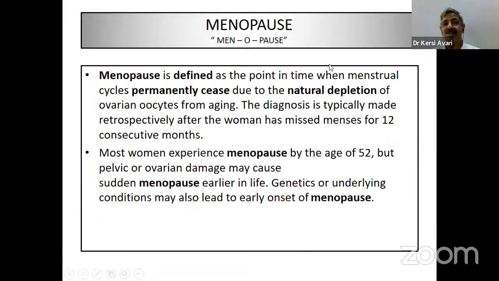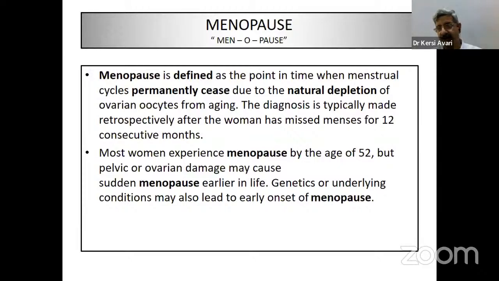Now, menopause is defined as a time when the menstrual cycles permanently cease due to the natural deprivation of the ovarian oocytes from aging. The diagnosis is typically made after a woman misses her menses for at least 12 consecutive months. It means now it is time to put a break.